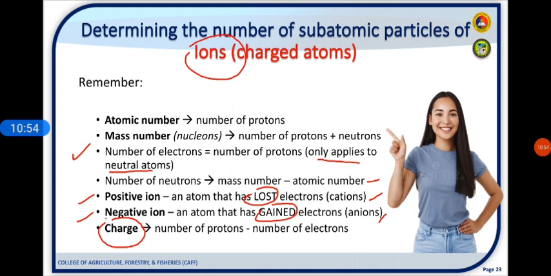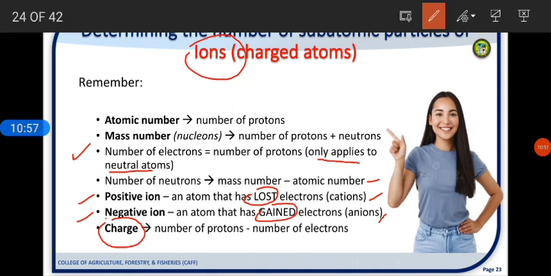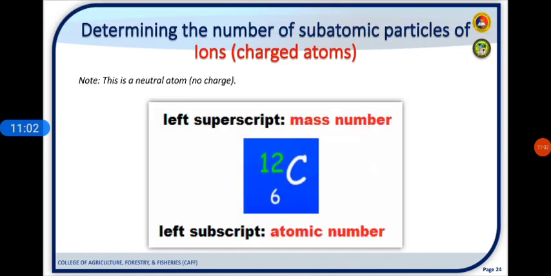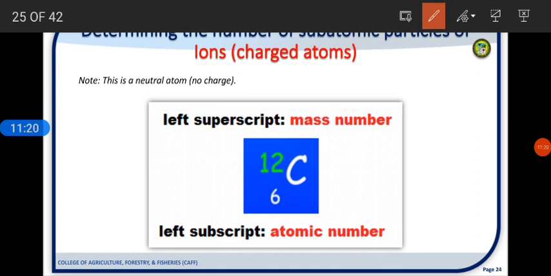That's how you will compute for charge: number of protons minus number of electrons. Please take note, this is a neutral atom. Like I said, for chlorine and potassium, we have another example, carbon. Please note that our example here, carbon, is a neutral atom.